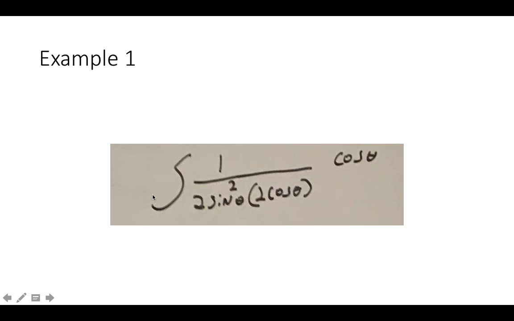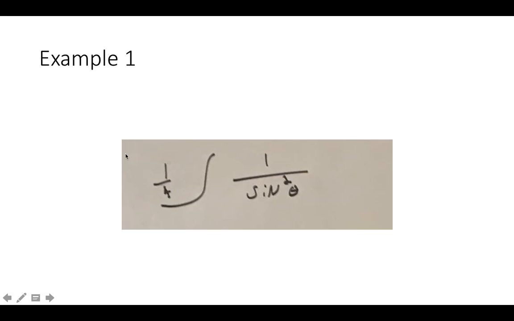And if I pull these 2 out, I'll be left with cosine on the bottom and cosine on the top, and they can cancel each other out. So now I'm left with 1/4 integrate 1 over sine squared theta. I can further simplify this into cosecant squared theta, because that's an identity that we learned in pre-calculus.